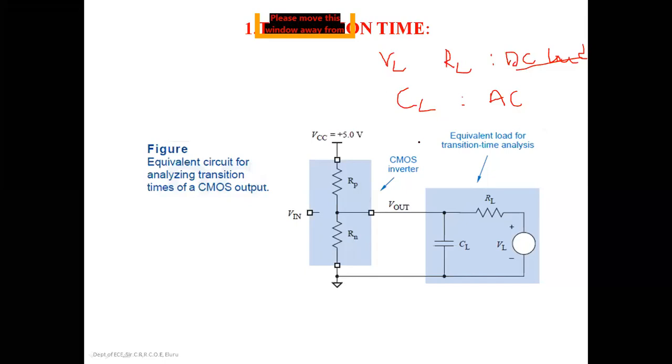Now using this equivalent circuit, we will determine the rise time and fall time of the CMOS output circuit. Let us consider the first state here.